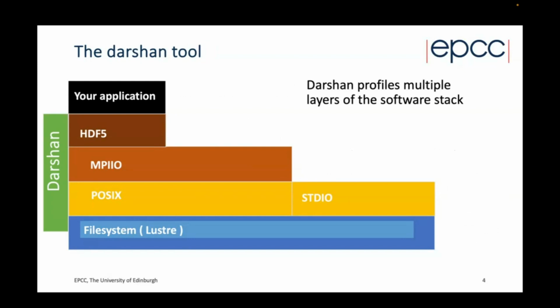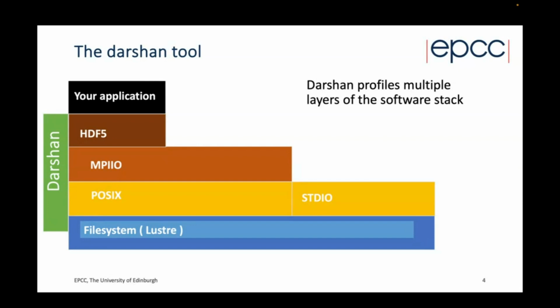So in order to understand what's going on at all these different layers, we need some tool to do that. Darshan is a profiler that is able to intercept all these I/O calls from MPI-IO, POSIX, and stdio, and gives you some information about what is actually going on.